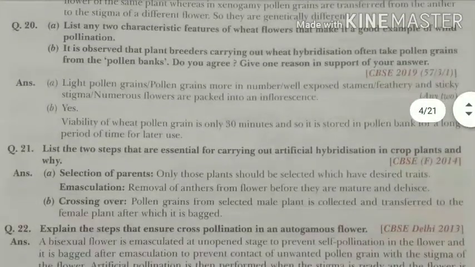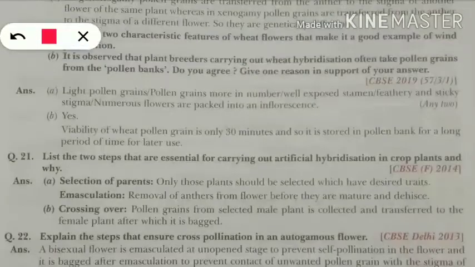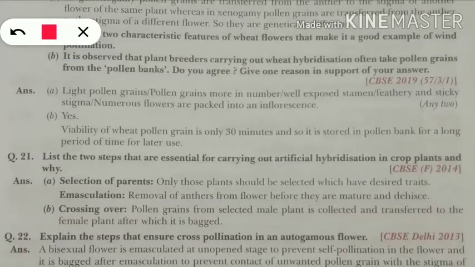Now come to next. List any two characteristic features of wheat flower that make it a good example of wind pollination. If you remember, in the theory portion we have studied that a wind pollinated flower generally is found in inflorescence, their pollen grains are light and non-sticky, and flowers are well exposed.